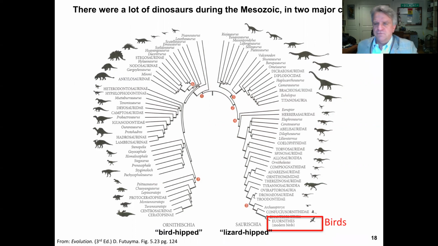So here is a phylogenetic tree that includes most, if not all, of the major lineages of dinosaurs. And you can see birds here are nested well within the phylogeny, meaning that there are many dinosaur lineages that are more closely related to birds than they were to other dinosaurs.